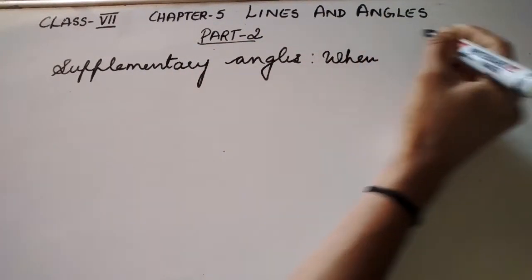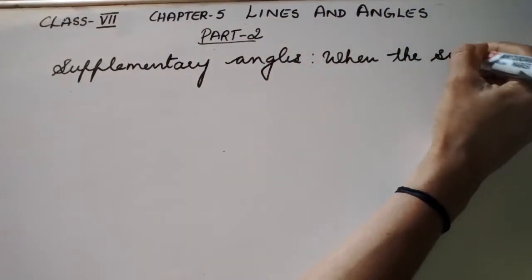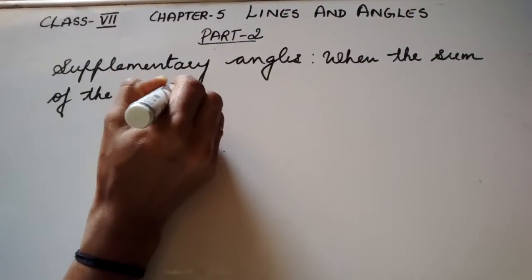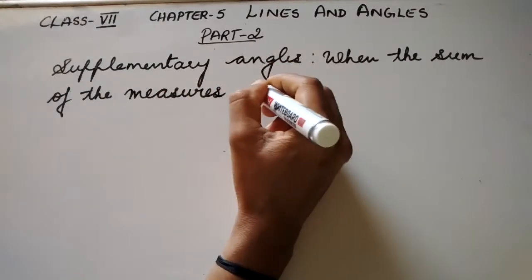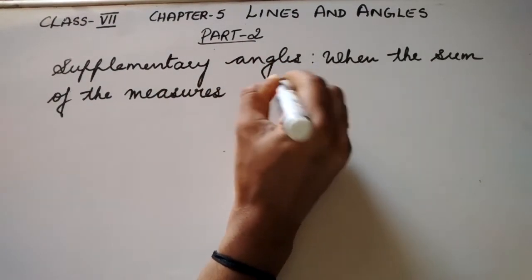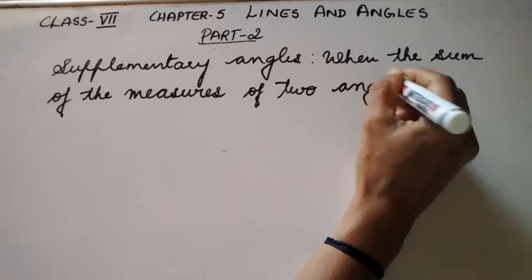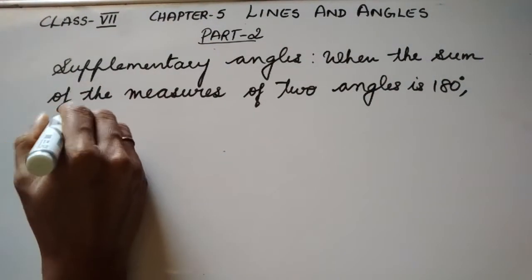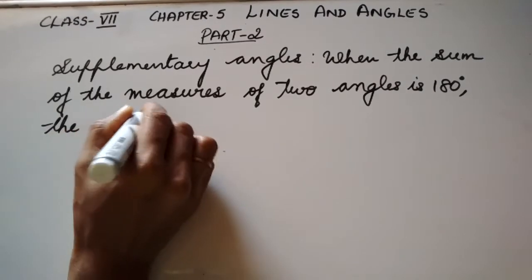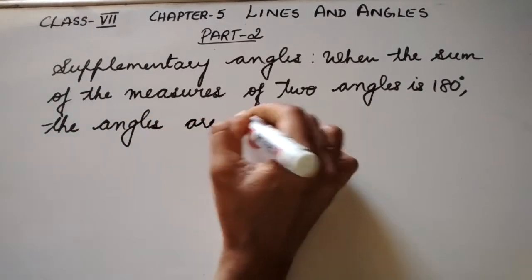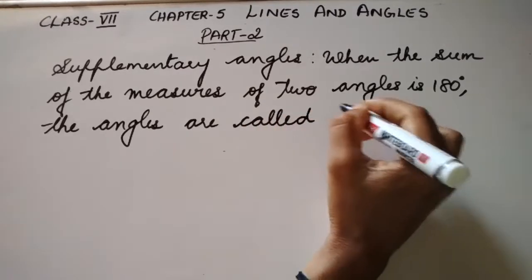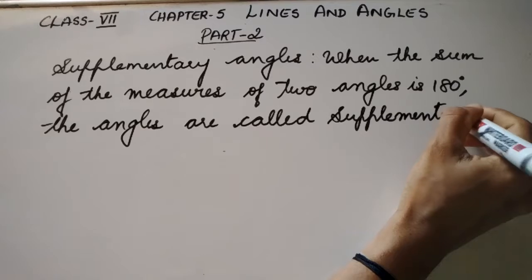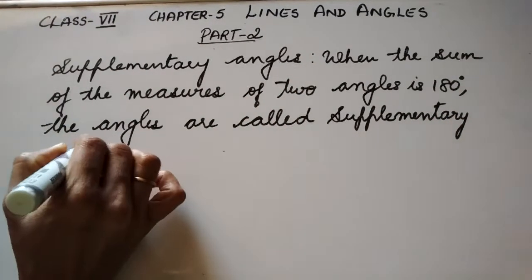When the sum of the measures of two angles is 180 degree, the angles are called supplementary angles.